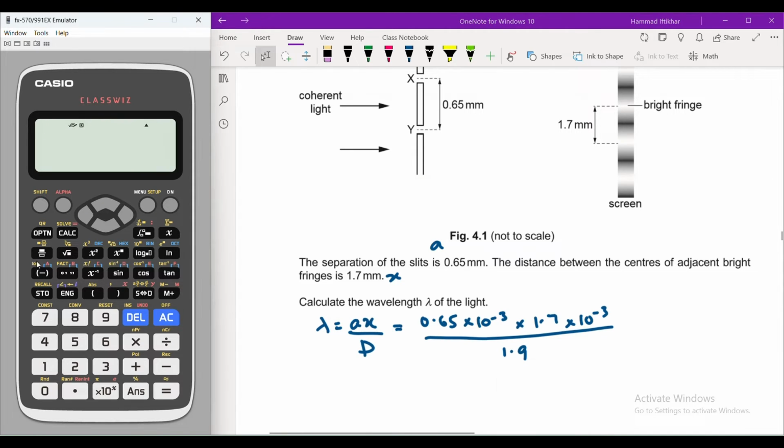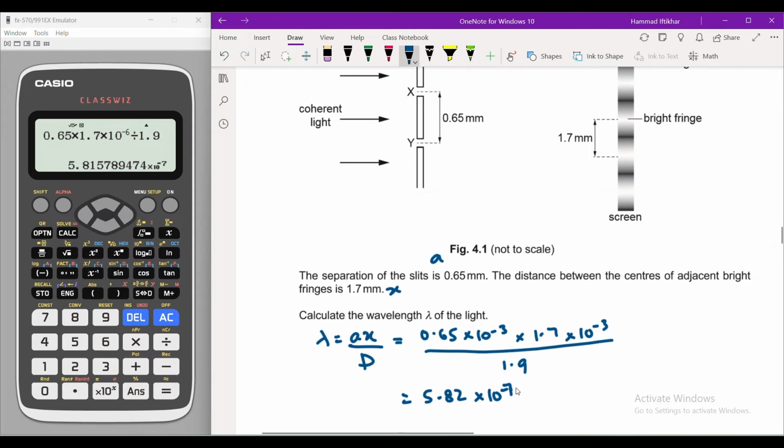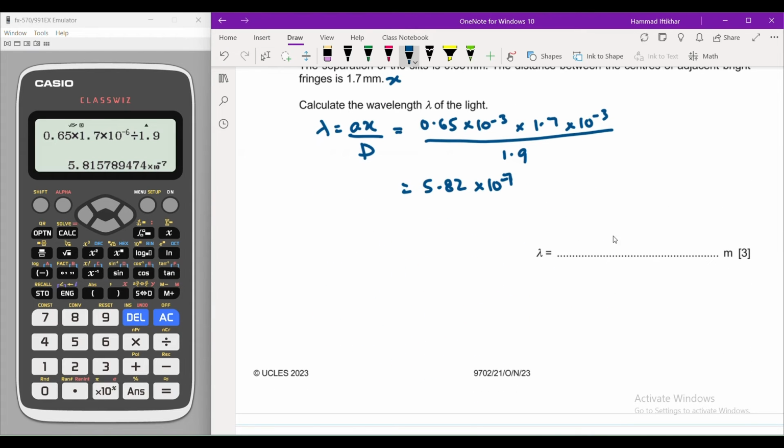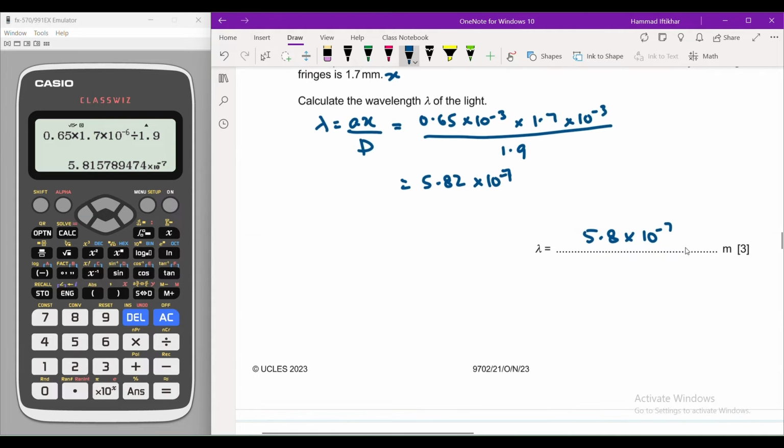So we have 0.65 times 1.7 times 10 raised to power minus 6, and then divided by 1.9. So 5.82 times 10 raised to power minus 7. Two significant figures, so just 5.8 times 10 raised to power minus 7 meters.